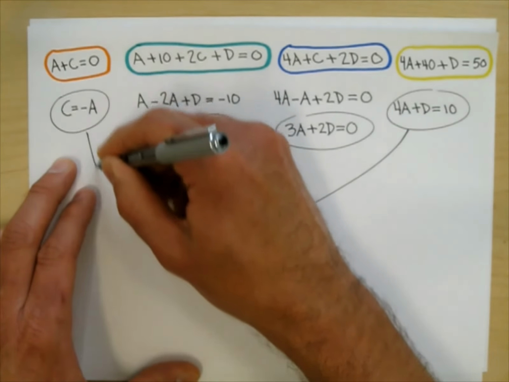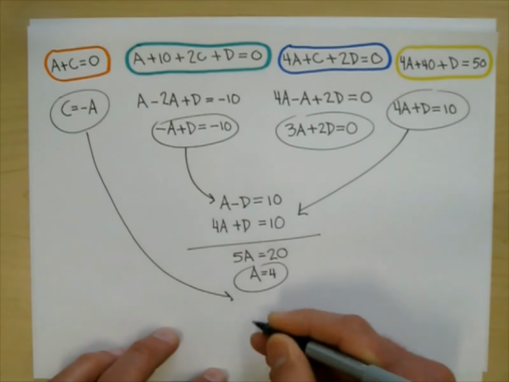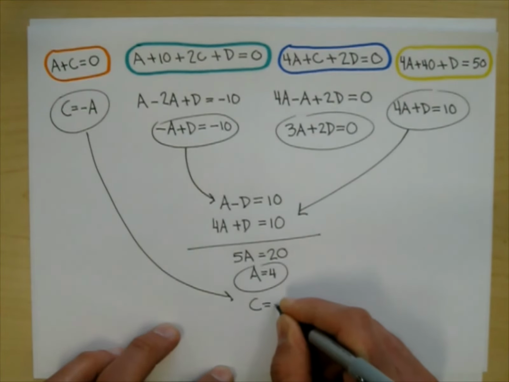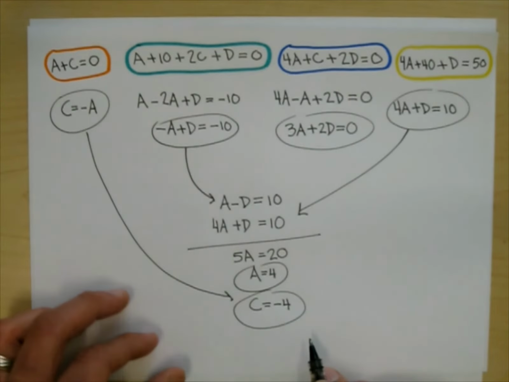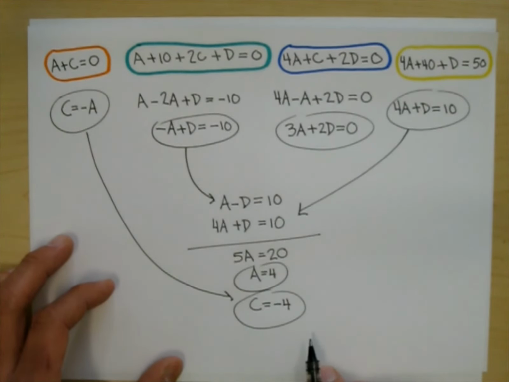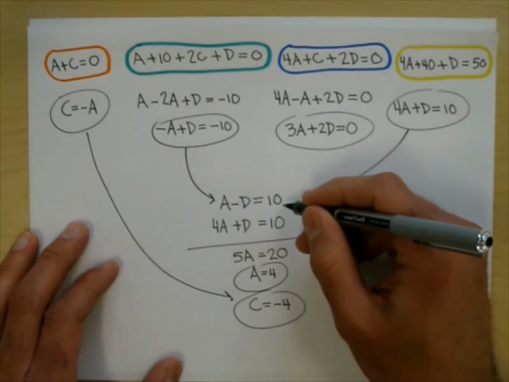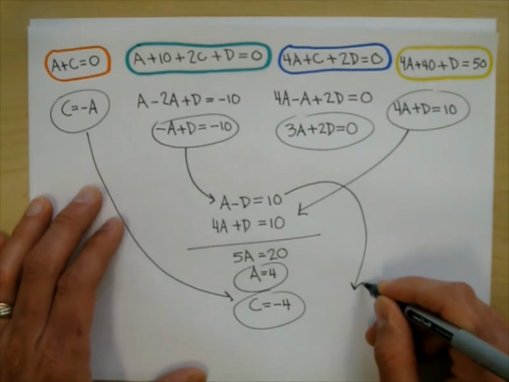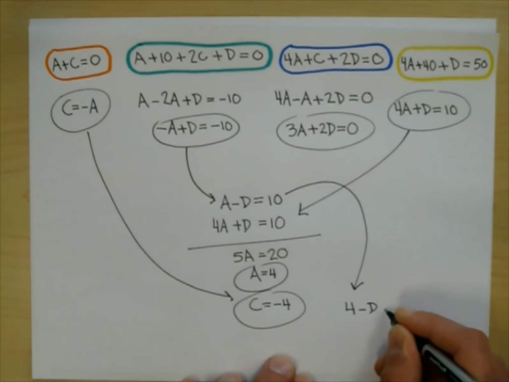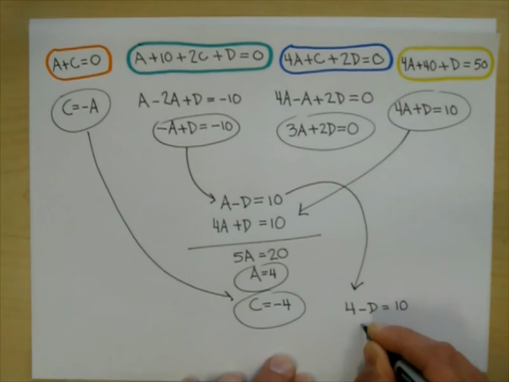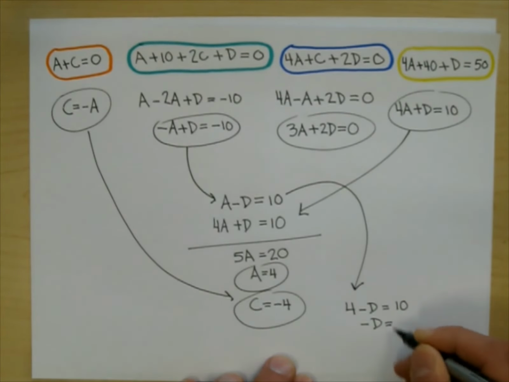If A equals 4, then we see that C is going to equal -4. And now we just have to figure out what D is going to be. So let's figure that out. Lots of arrows here. 4 minus D equals 10. Negative D equals 6.